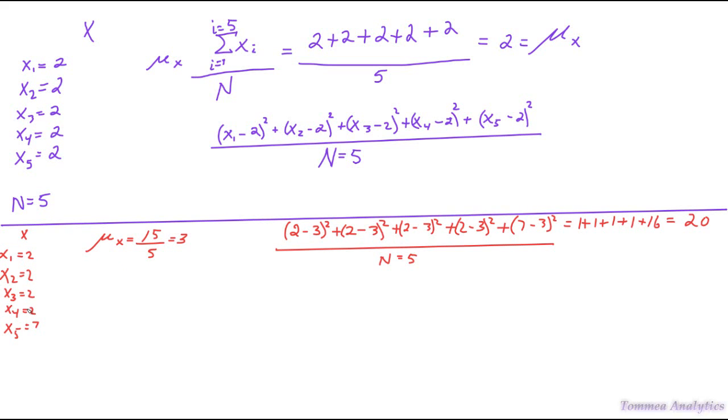Now, if we just look at this data set and compare it to the population mean, we can see that the average deviation is not going to be 0, because these values differ from the mean of 3. 2 differs from 3 by 1, and the 7 differs from 3 by 4.